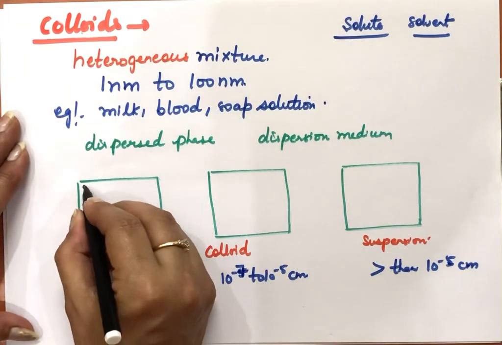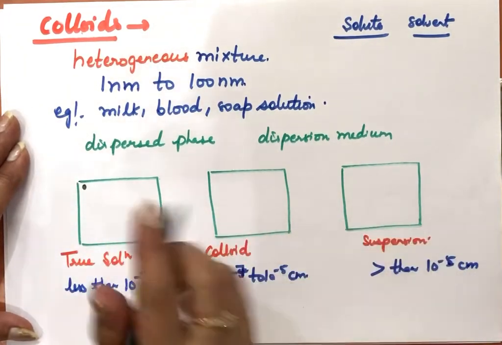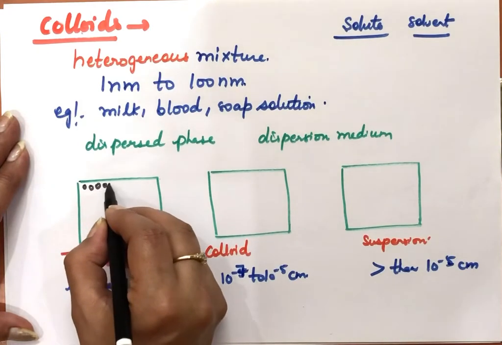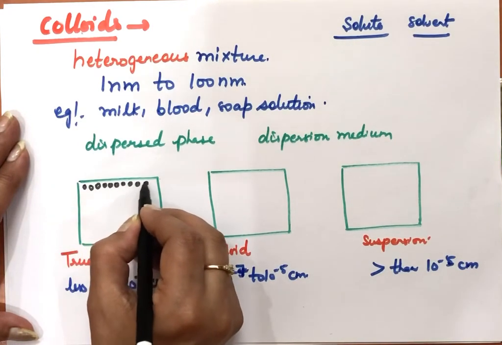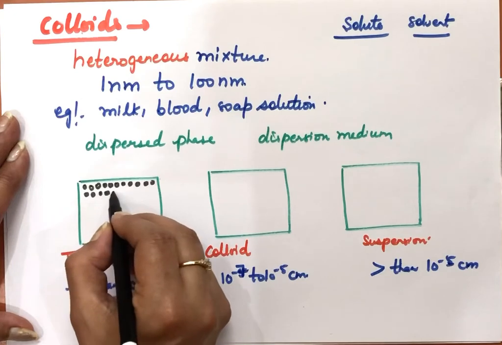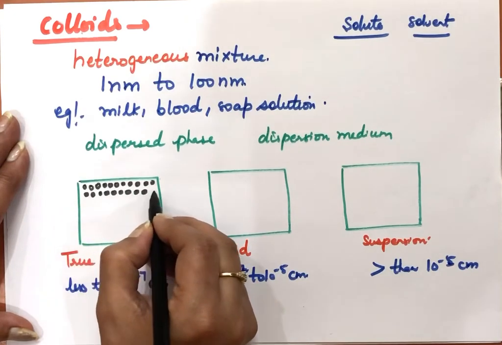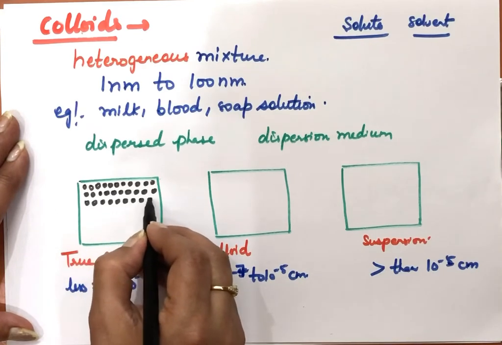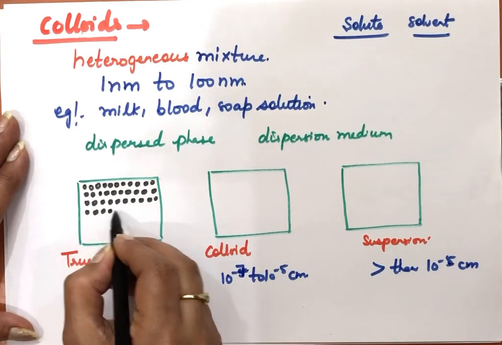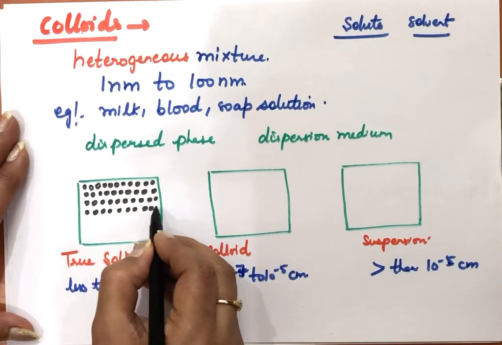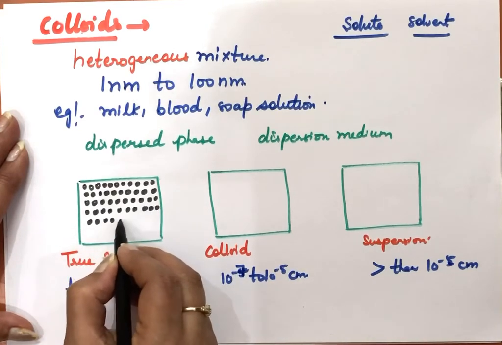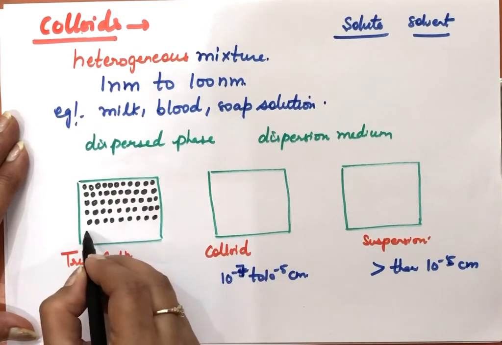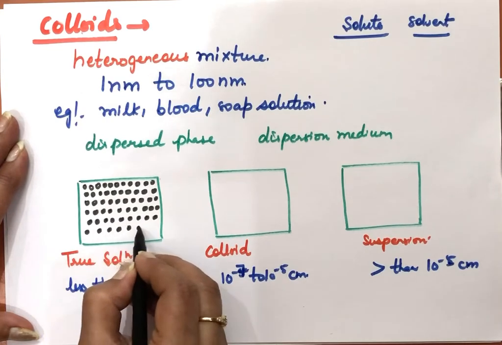Now just to understand, suppose we have the same volume in these containers. The particles in this case are so small that they are more in number. And see, all these are uniformly mixed. The distance between all these particles is approximately the same. Like this we will have the true solution.